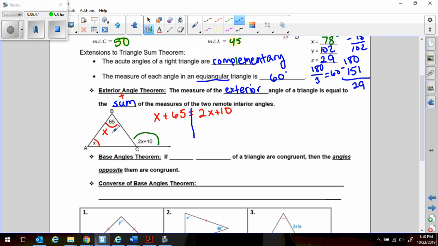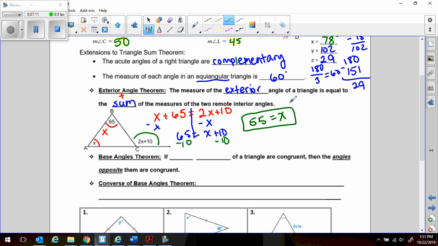We're going to move this x to the right by subtracting it, minus x on both sides. I'm going to get 65 equals 2x minus x, which is just x, plus 10. And in order to get x by itself, we've got to move the 10 over, so we have to subtract it. 65 minus 10 is 55. So 55 equals x, if they were asking us to solve.